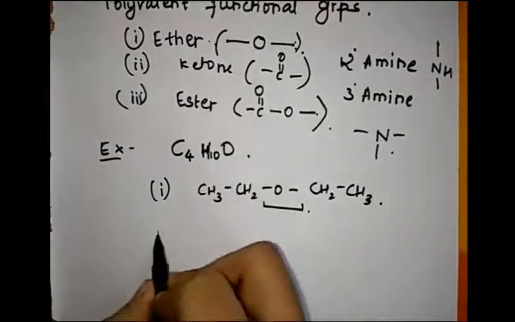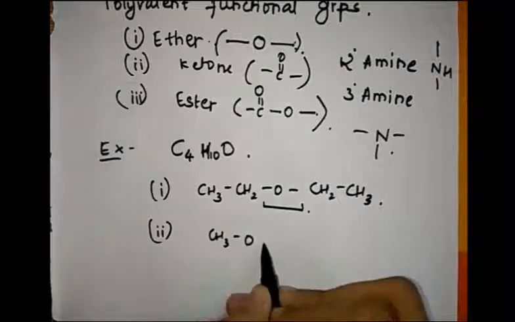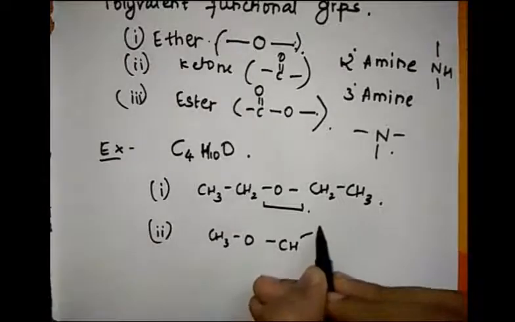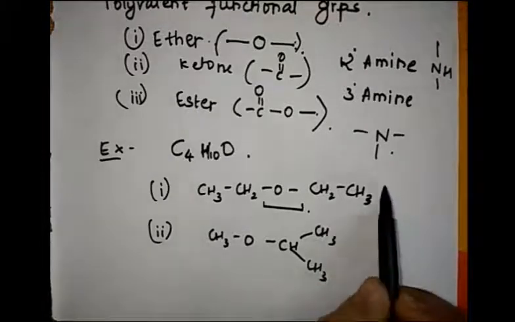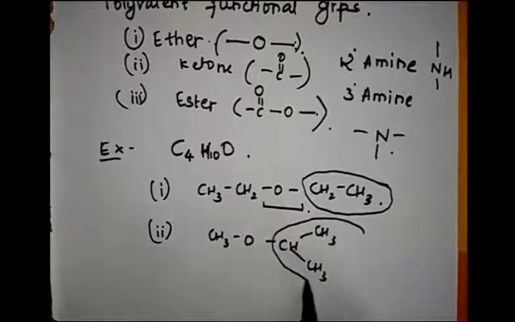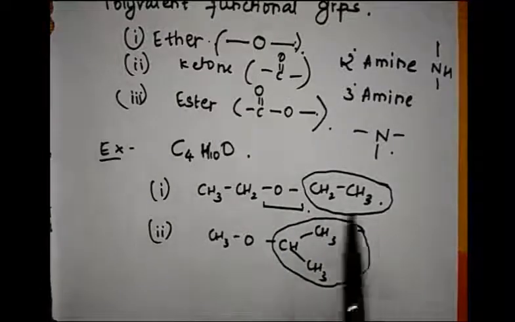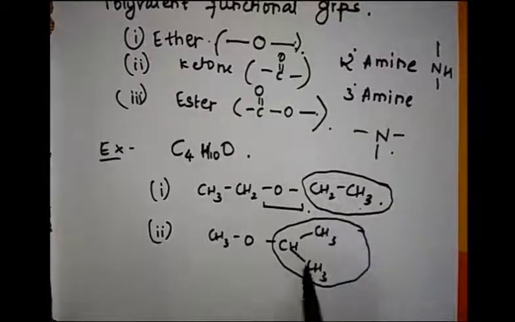This can also be written as CH3 O CH2 CH2 CH3. So the alkyl groups here and here are different. Here it is the ethyl group and here propyl group. So these both are different.